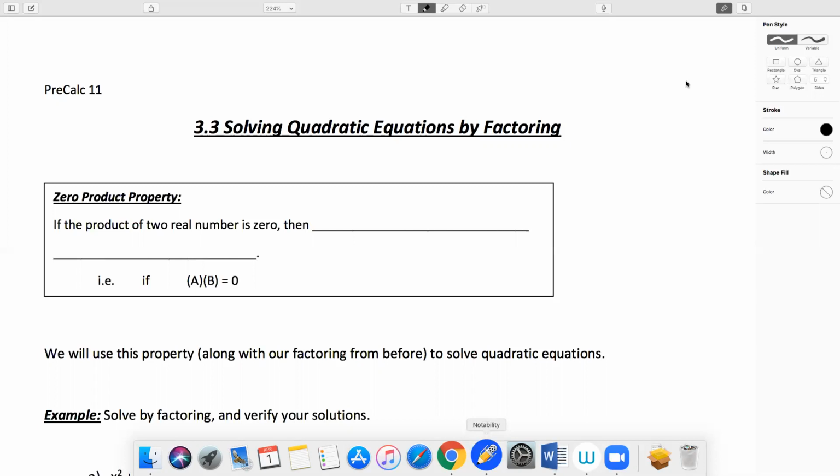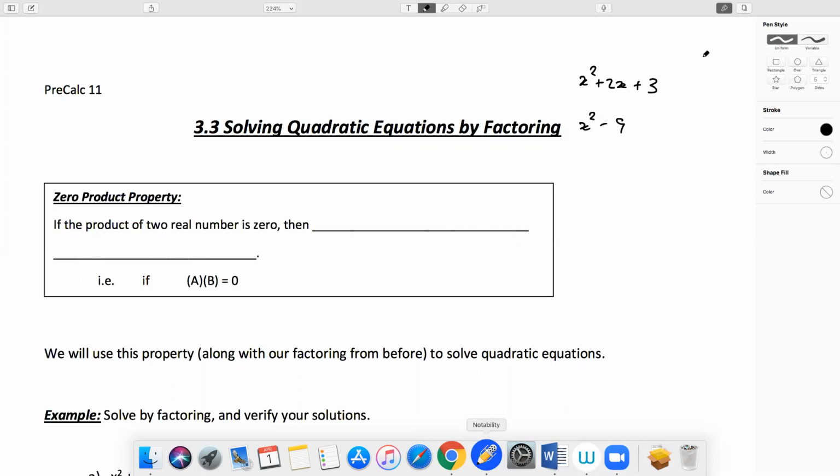If you remember before the break, we were working on factoring quadratics, and there were a few cases. There was a case where you had a leading coefficient that was 1, something like x squared plus 2x plus 3. We had something called the difference of squares, which was something like x squared minus 9, where both terms are squares.